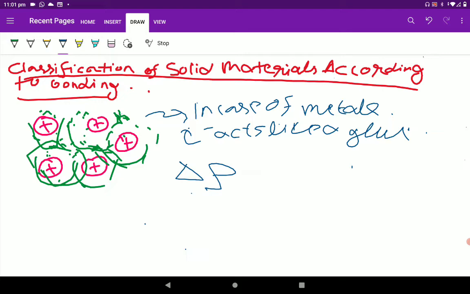That is, the change in density is very small. We can say that the density is almost constant.